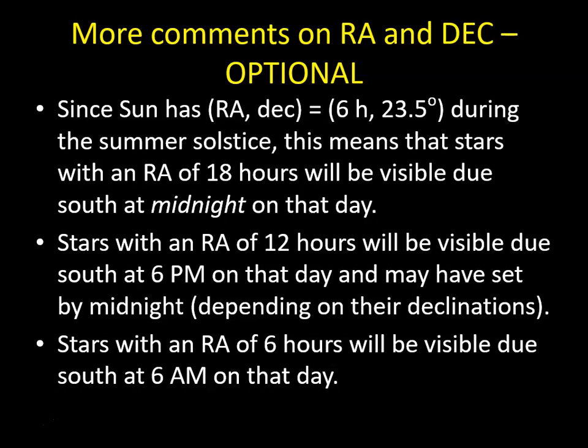Well, that means that stars with a right ascension of 18 hours will be at their best visibility on that day at midnight, because they have a right ascension that's 12 hours different from the sun, so they're going to be rising when our sun is setting. Exactly halfway across the sky, so that by midnight those stars are going to be due south, which is in many cases going to be when their best visibility is going to be.